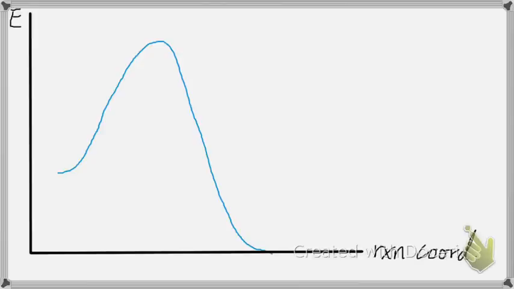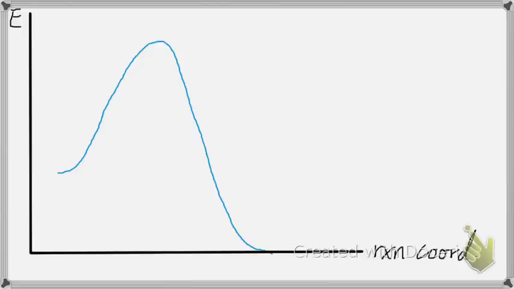In the energy diagram, the vertical axis is the potential energy. The horizontal axis will be the reaction coordinate, or you can think of it as the time. So as time goes by, reactant starts to react with each other and gives the product.